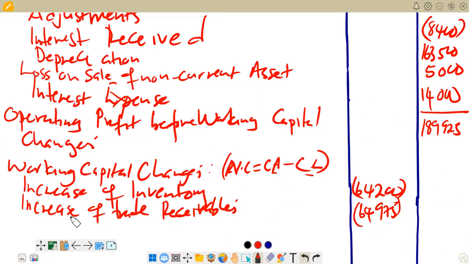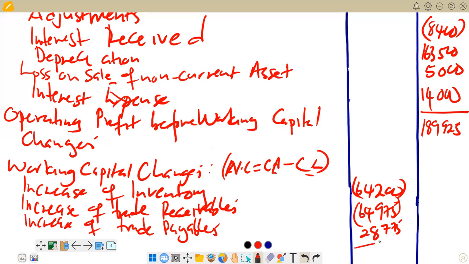So here we also have an increase of trade payables. That increase we said is 28,775. Then here we can underline to find the net figure that we are going to put here.